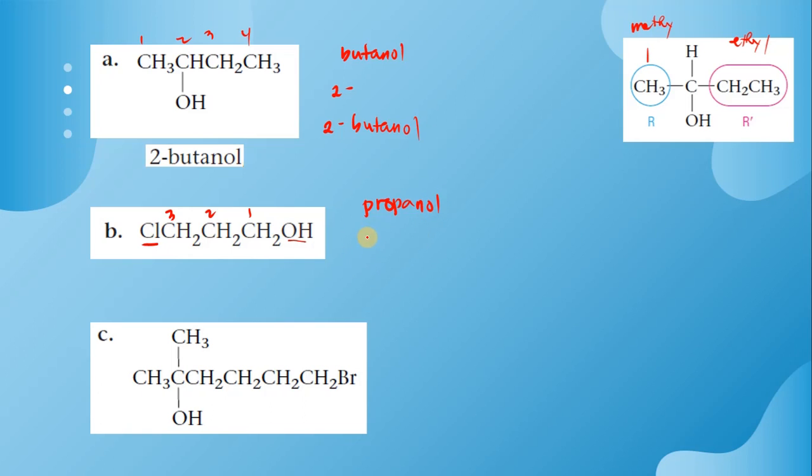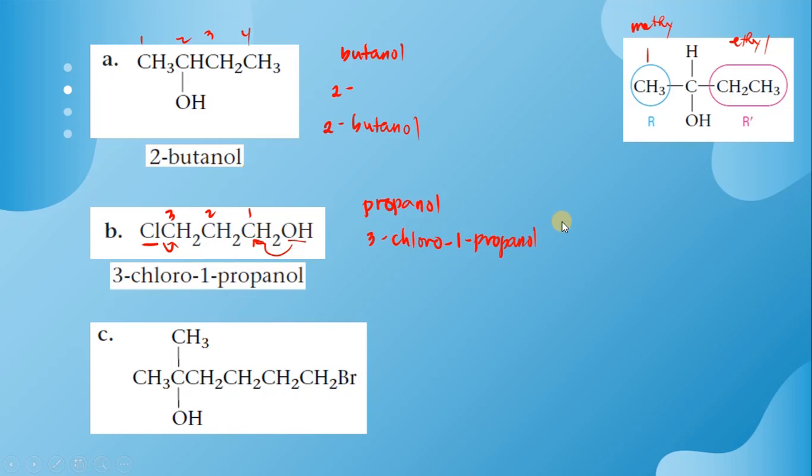So propanol, we have our 3-chloro because it's connected to the third carbon. So 3-chloro dash, your OH is connected to carbon 1, so 1-propanol. Okay, that's just how you name it. Are we right? Yes, it is.